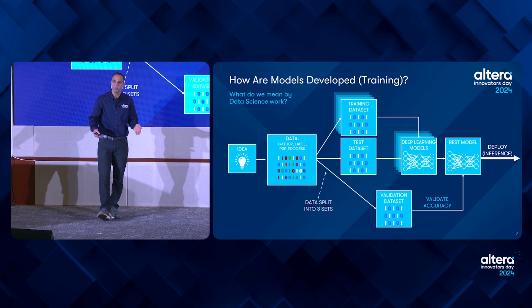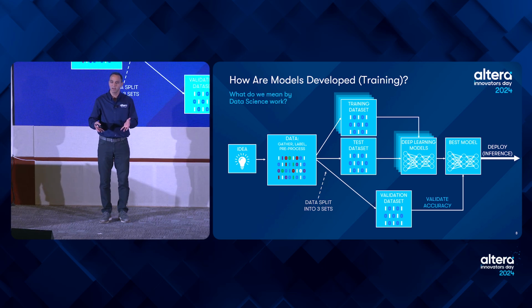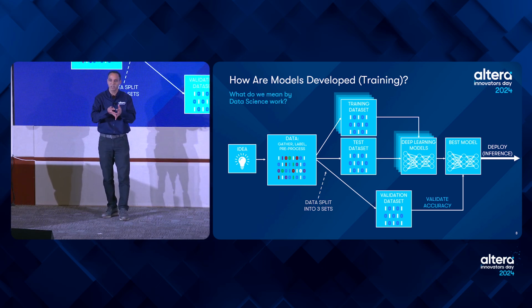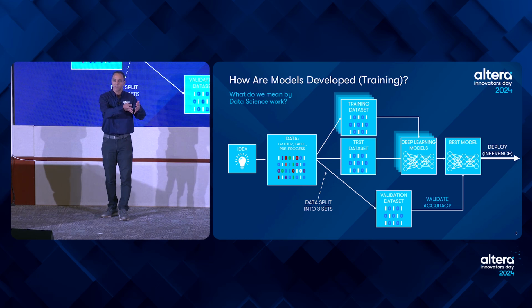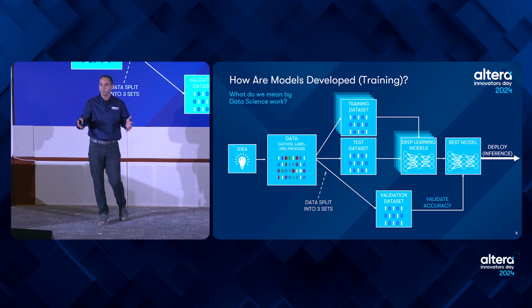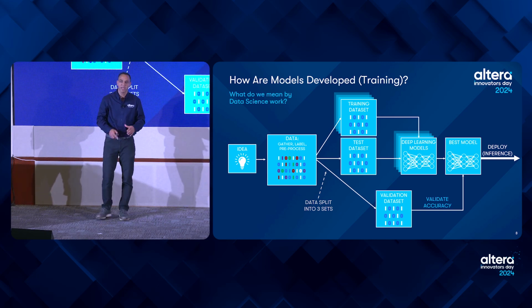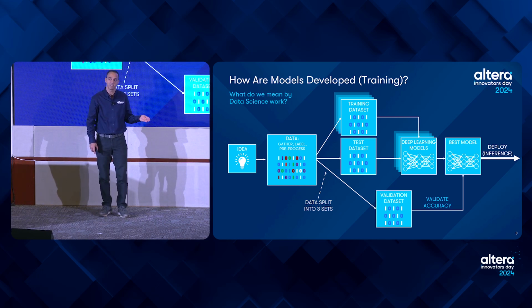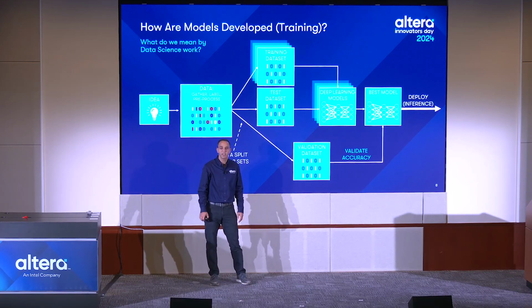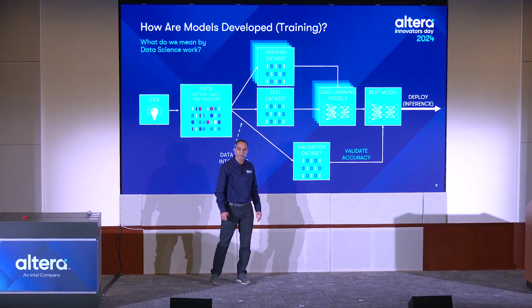But the idea here is that a deep learning model is a topology where you've got a bunch of information that can be processed through it, but something has to determine what all the weights are so that the model can do some nifty task. And the way that happens is by doing data science work, which means we need to come up with an idea. In our case, our idea is going to be handwriting recognition.